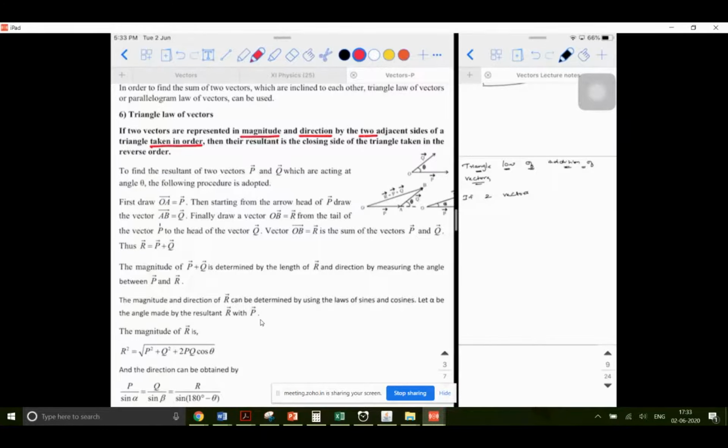If you're done writing, let me know. For the sake of understanding, I'll repeat it one more time. Check your notes. If two vectors are represented in magnitude and direction by the two adjacent sides of a triangle taken in order, then the resultant is the closing side of the triangle taken in the reverse order.